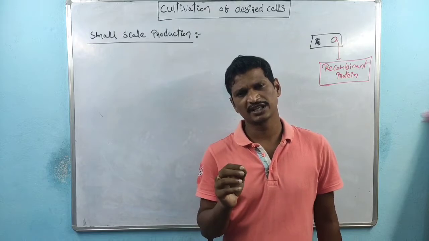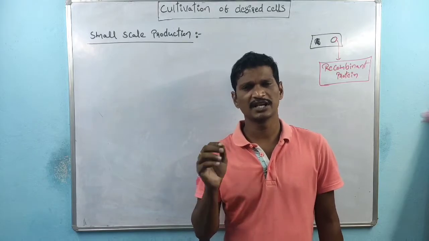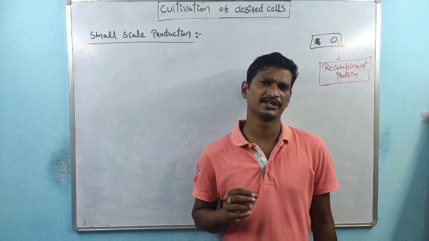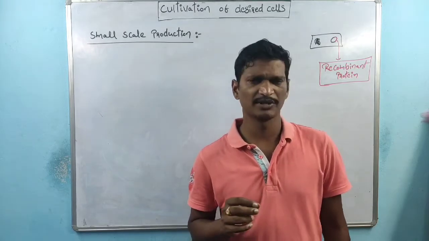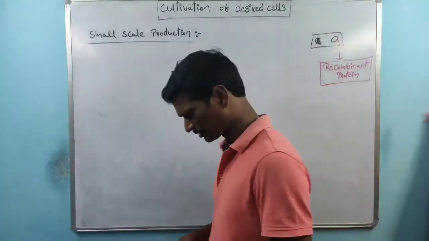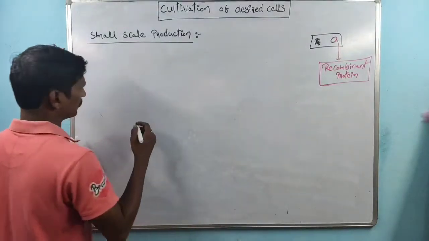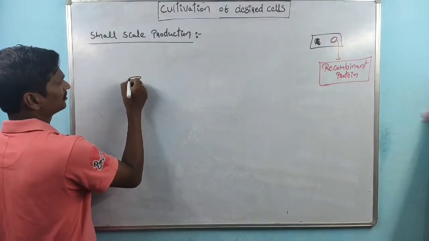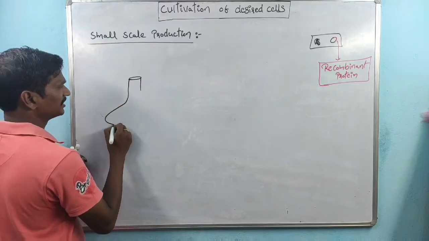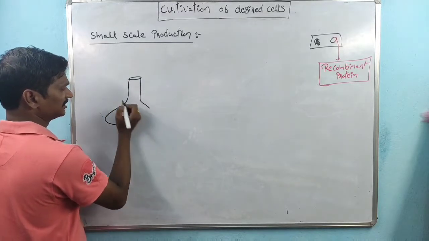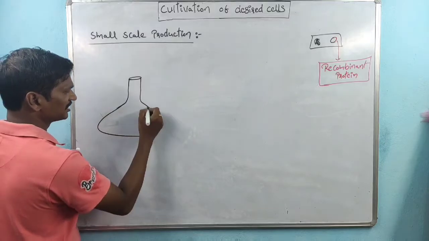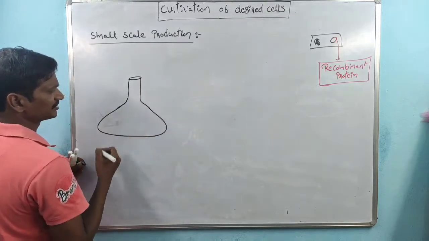Initially, we are testing the recombinant cells in laboratory. So that cultivation method is called small scale production. Within the small scale production, whatever microorganisms or recombinant cells we have selected are subjected to cultivation in laboratory conditions.